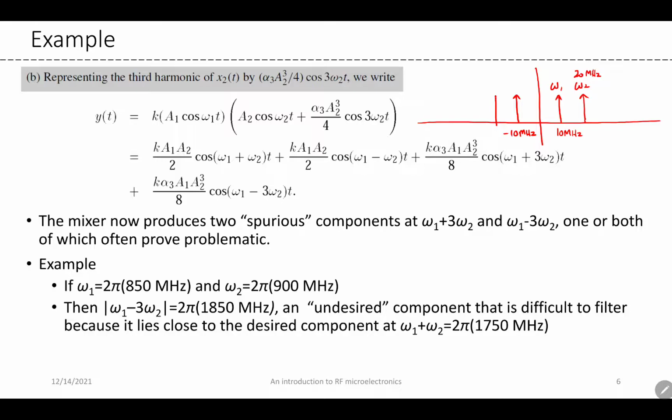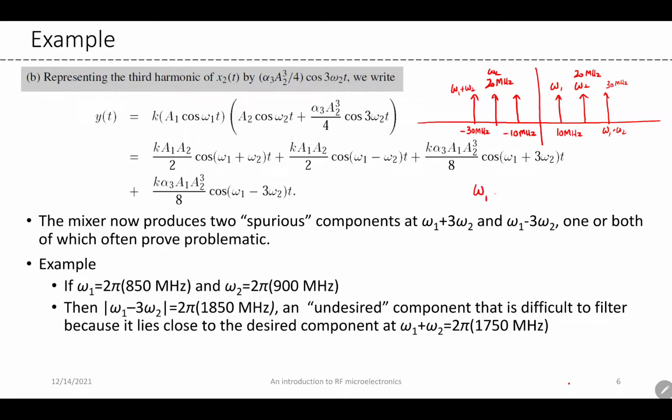Then omega 1 plus omega 2 is 30 megahertz. This will be omega 1 plus omega 2 minus 30.